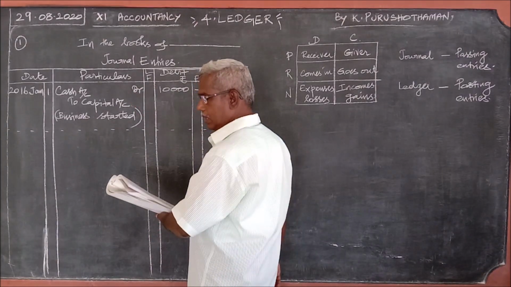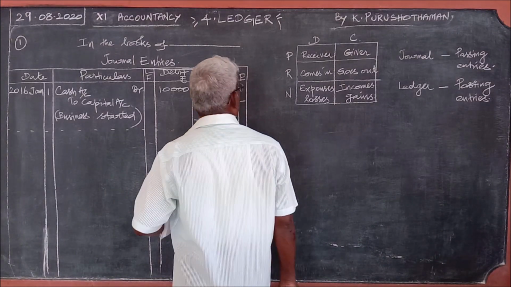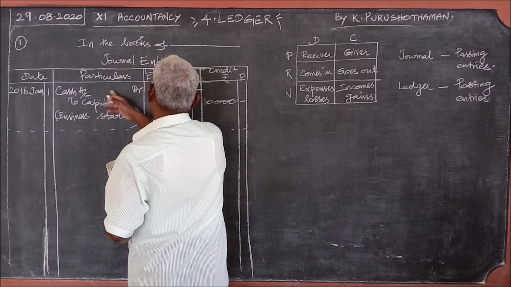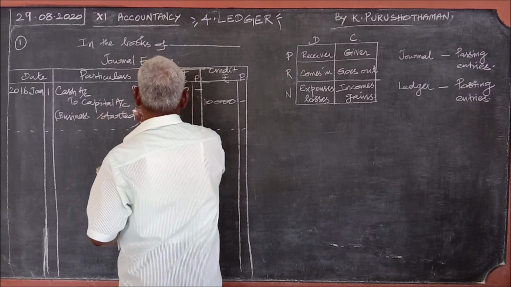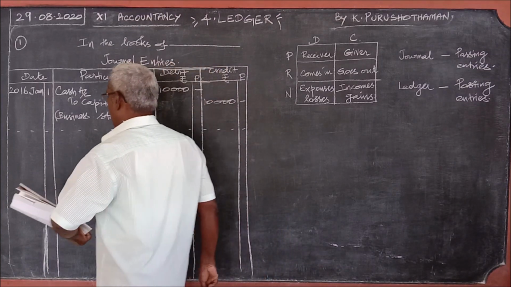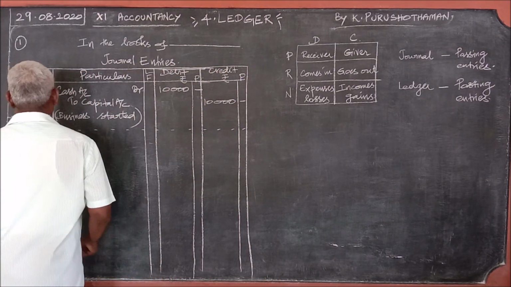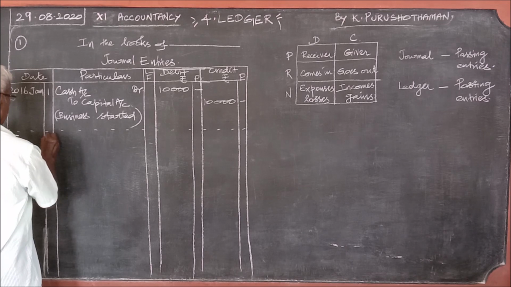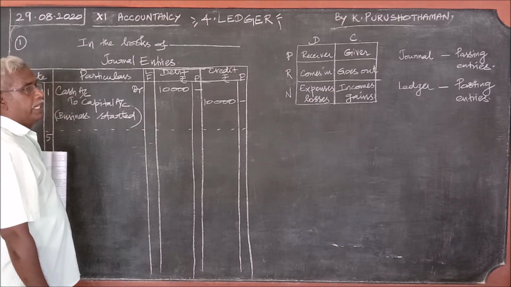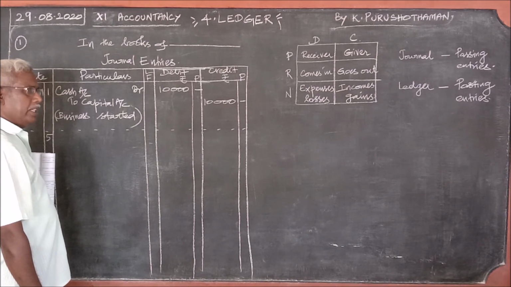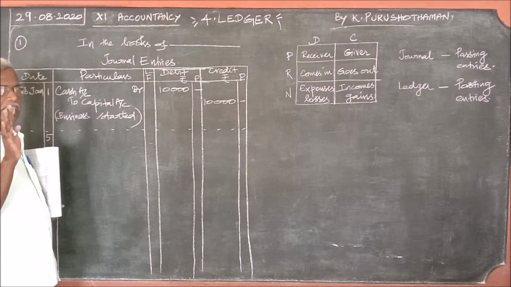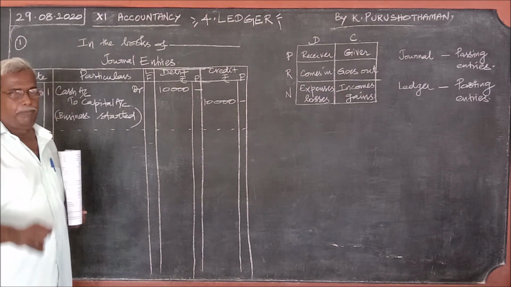Using this, the first transaction is given here as a journal entry. The first one is started business with cash. So cash comes in, it is a capital, therefore cash account debtor to capital account. The first one is over. Then on fifth, paid into bank. Paid into bank means what? Only cash can be paid into bank.